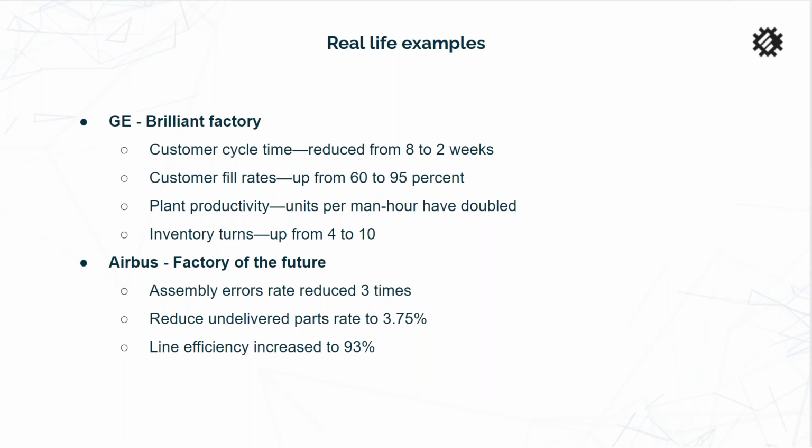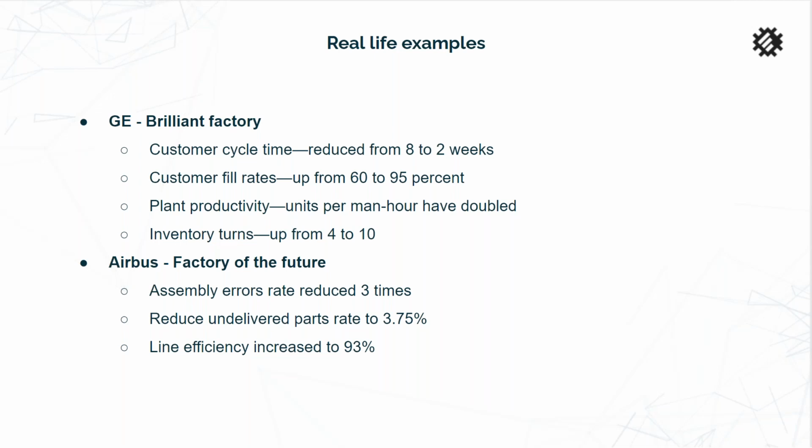So General Electric started this digitalization. They decided to equip their lamp producing factory with smart sensors, and as you can see, they reoriented their production process to a customer order based production process, to this lean process.